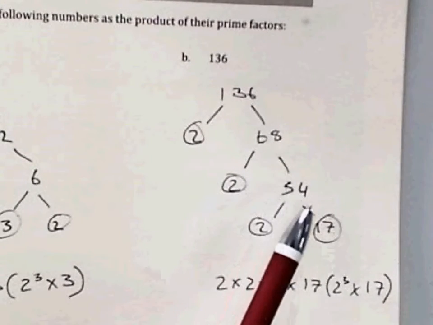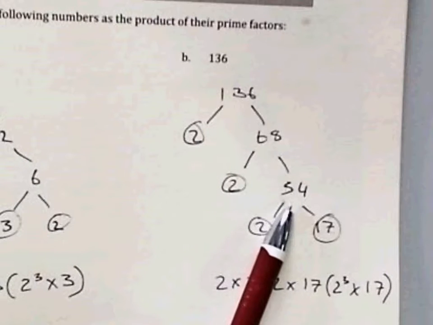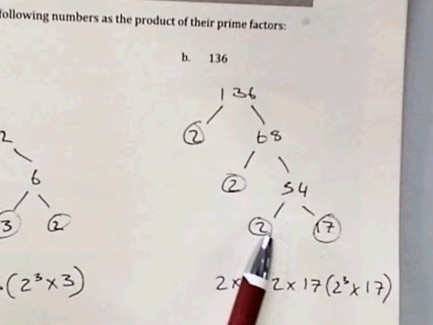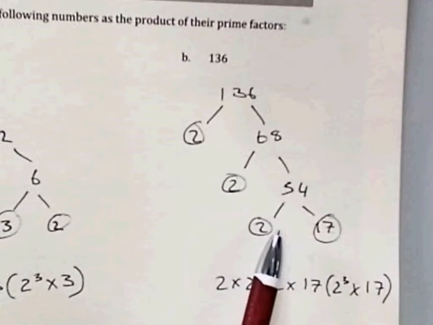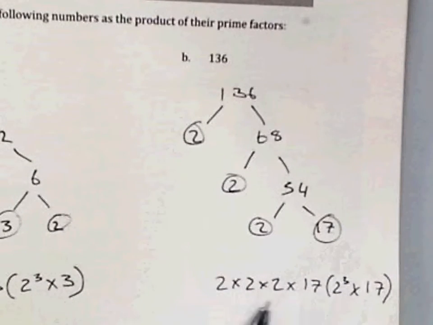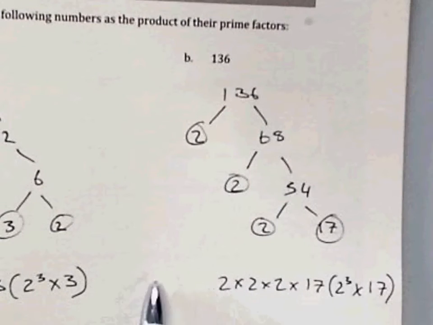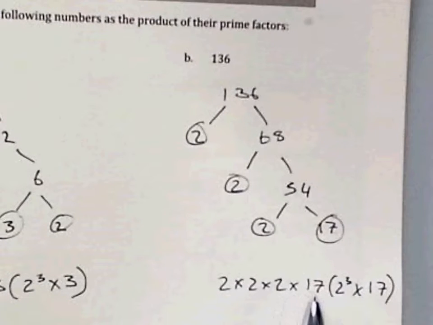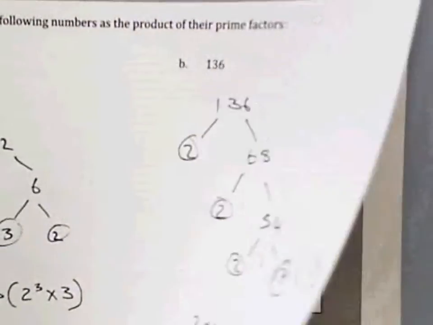We circle 2 again because it's a prime number, and then we divide 34 again, which is 2 and 17, and then we circle the 2 and the 17 because they're both prime numbers. Then we can write it as 2 times 2 times 2 times 17, also written in index form as 2 to the power of 3 times 17.